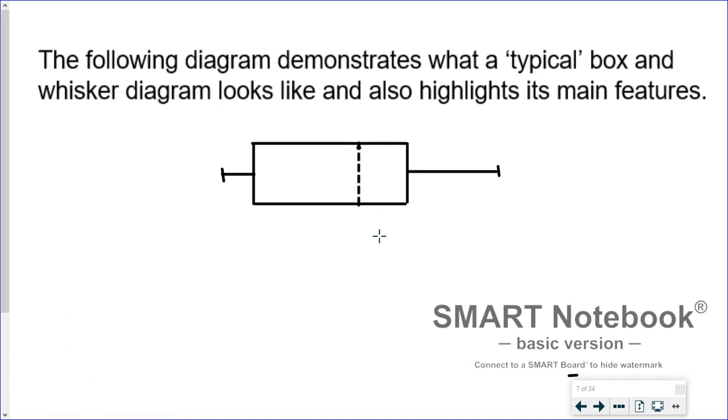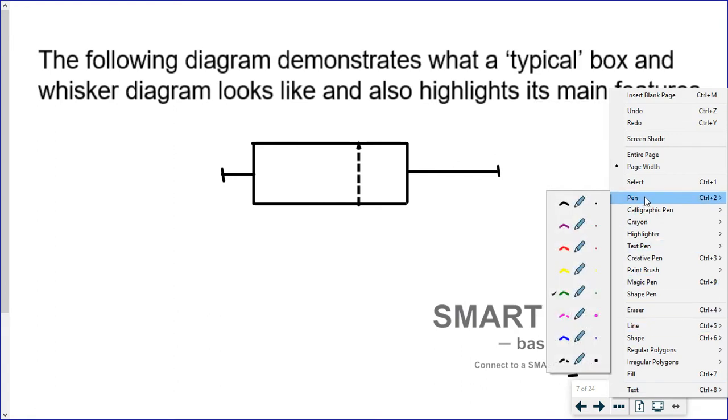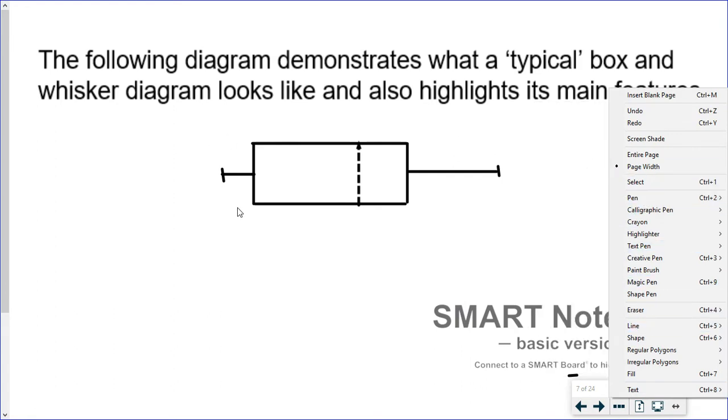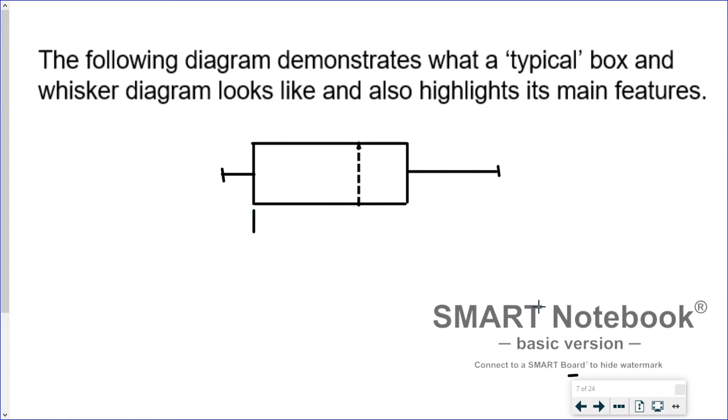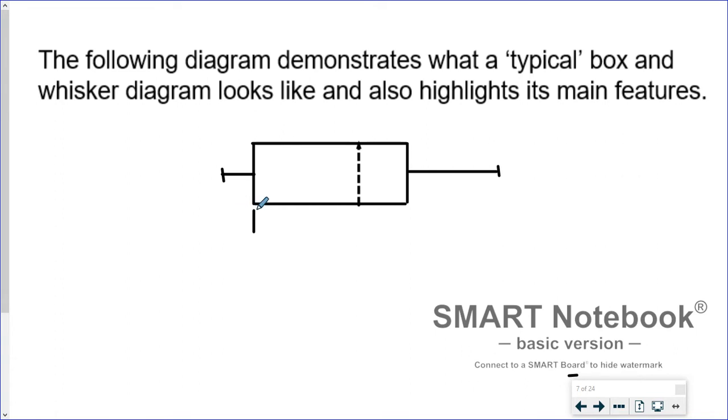All right, so this is what a typical box and whisker diagram might look like. All right, so right here, this end would be Q1, your lower quartile. Right here, this end of the box would be Q3, the upper quartile.